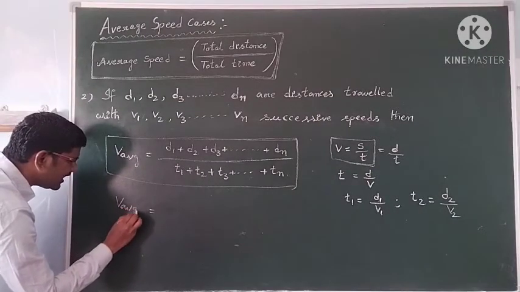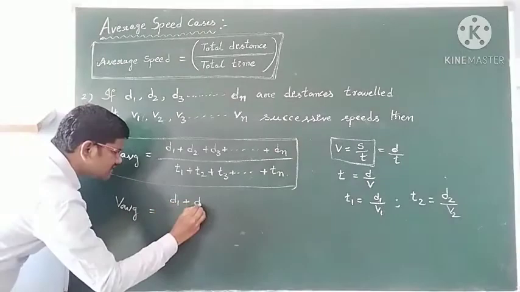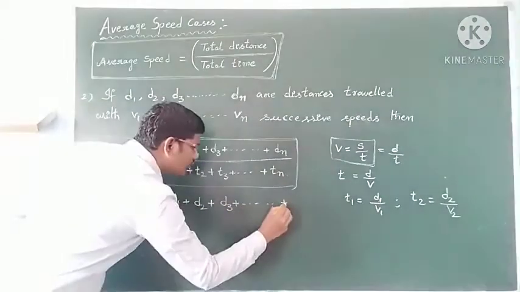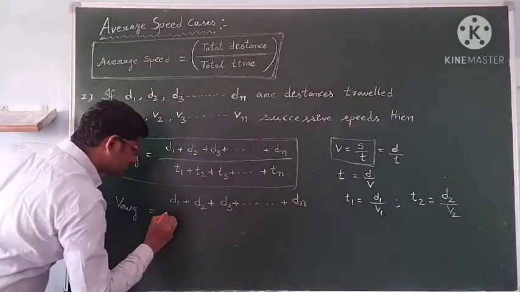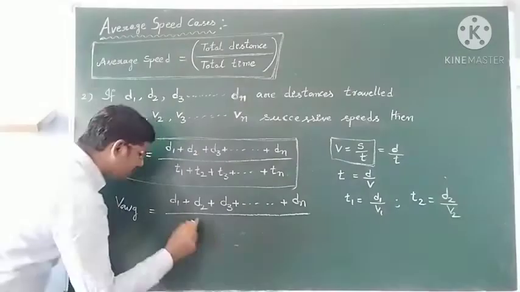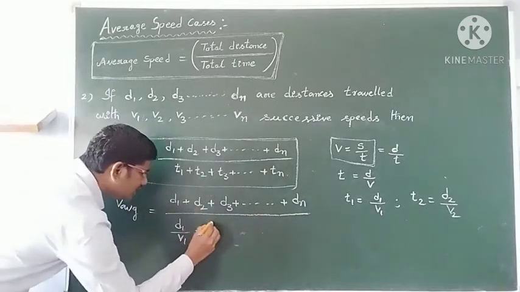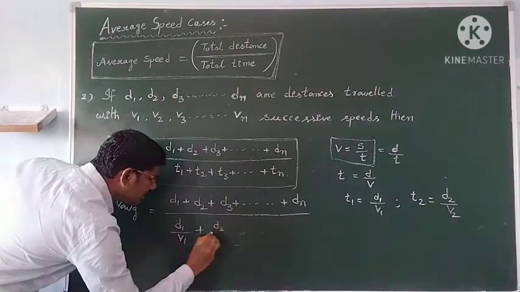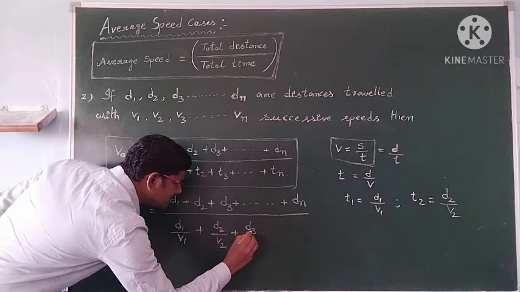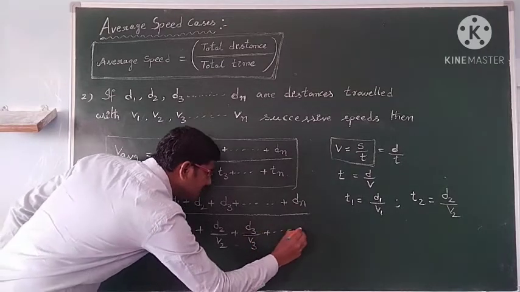See students, average speed, if you have so then D1 plus D2 plus D3 plus so on Dn by, okay, T1 means we will write D1 by V1, plus T2 means we will write D2 by V2, plus T3 means D3 by V3, plus so on.